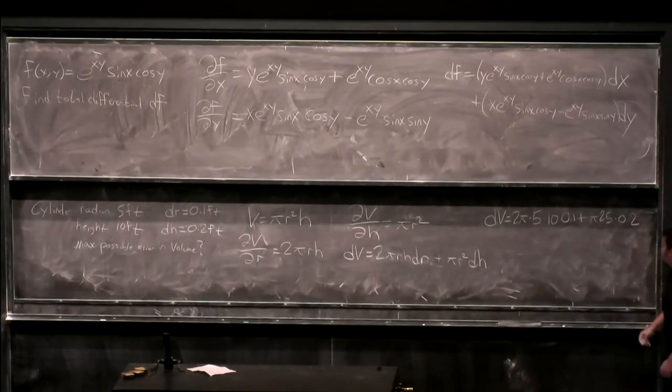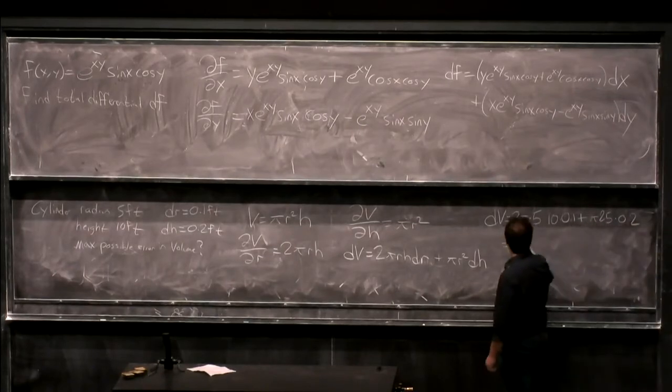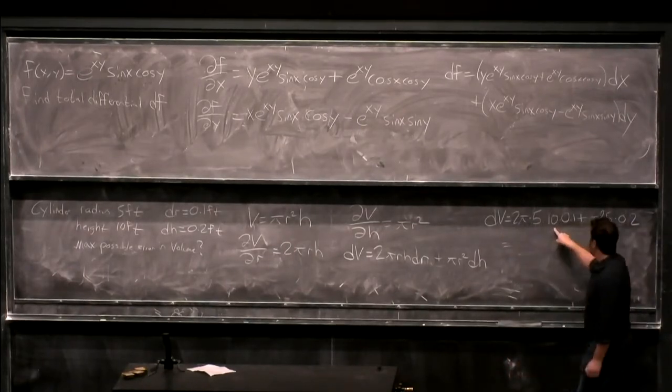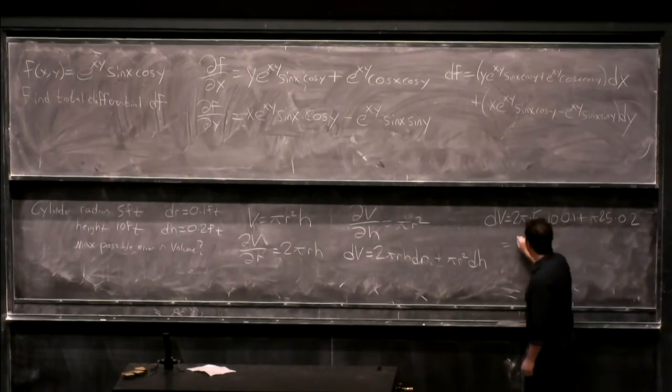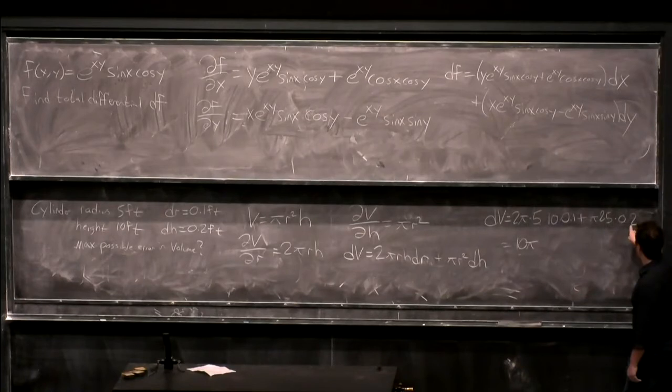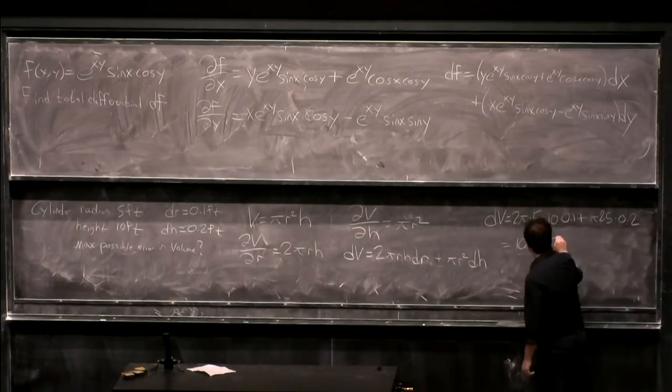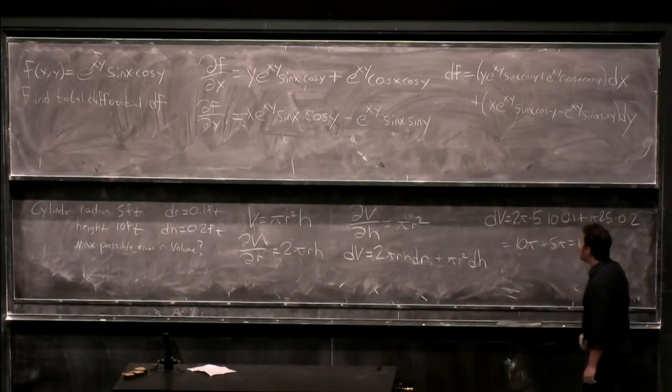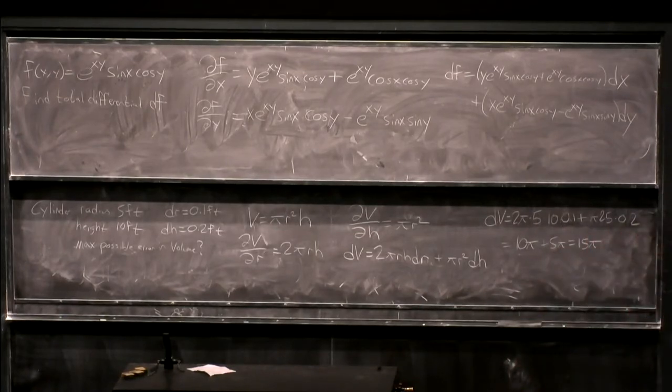All right, and then I could do all the arithmetic here. 2 times 5 times 10 is 100, times 0.1 is 10. So I have 10 pi. 25 times 0.2 is 5, so I have plus 5 pi here. So that means that my error for the volume could be 15 pi cubic feet, which is about 46.